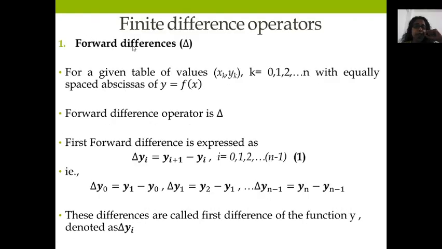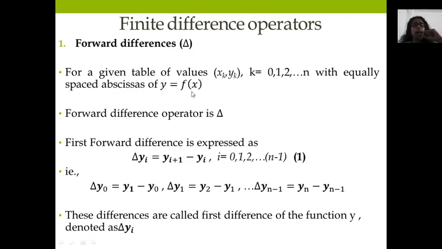So the first finite difference operator is forward difference, and is denoted by the symbol delta. For a given table of values xk, yk, where k is ranging from 0 to n, with equally spaced abscissa, and y is given as y is equal to f of x.